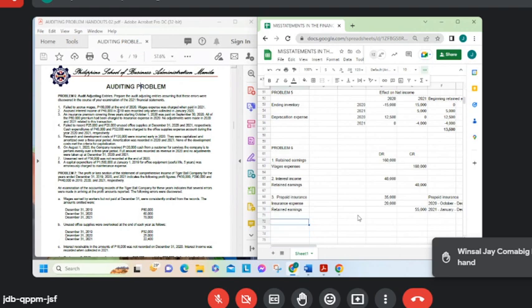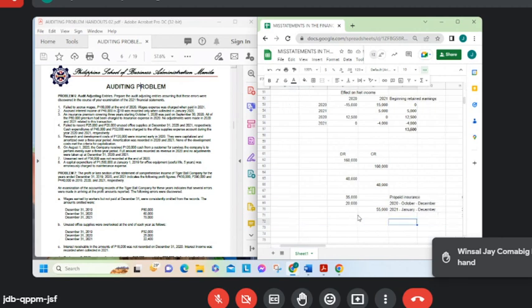Okay, that's number three. Number four, failed to record 25,000 and 28,000 unused office supplies at December 31, 2020 and 2021, respectively. Cash expenditures of 45,000 pesos and 52,000 pesos were charged to the office supplies expense account during the year 2020 and 2021, respectively. So, what happened here? So, let's analyze the office supplies.